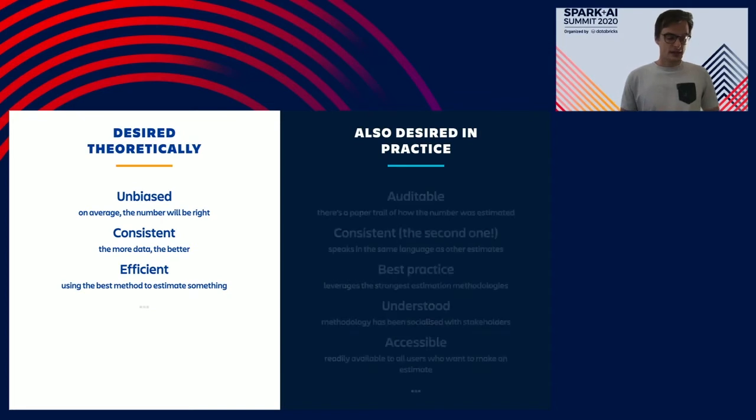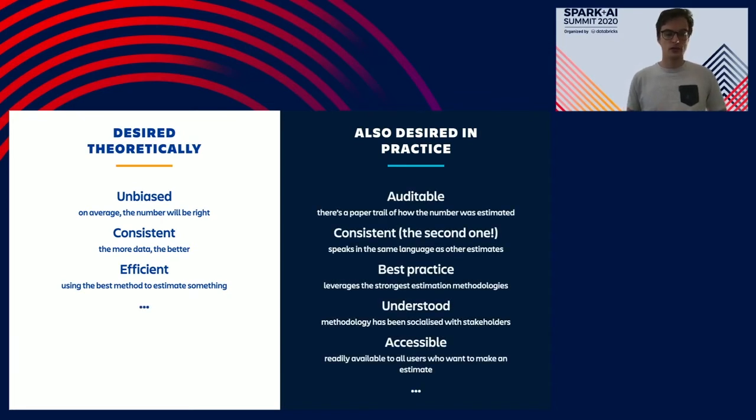But in practice, there are more things that you want when building estimates at scale to help a business make decisions. Things like auditability, that you can look at the numbers and see or reproduce the calculations that got them. Consistency, in the second sense now, that one analyst is using the same methodology as another, so decision makers are able to compare apples with apples.